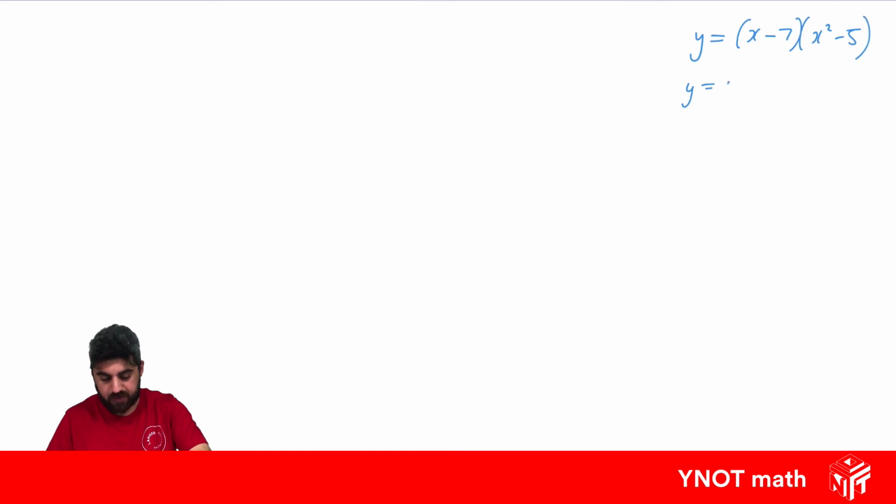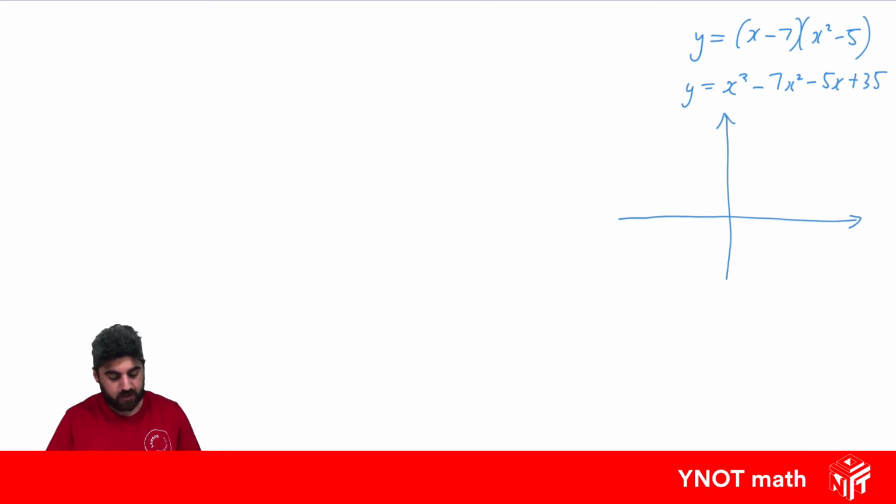Expanded, that's x cubed minus 7x squared minus 5x plus 35. I'm going to graph this out just so we can see what's going on as we do the question. But essentially we'd be given this equation and use the first derivative to graph it, but I want us to see the graph.